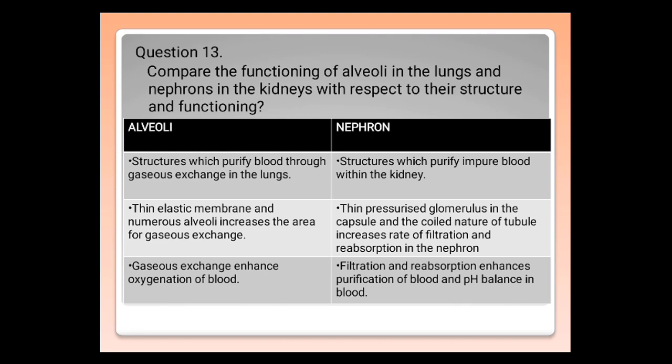Next point, the functioning of alveoli and nephron. Thin elastic membrane and numerous alveoli increases the area for gaseous exchange in alveoli, whereas thin pressurized glomerulus in the capsule and the coil nature of the tubule increases rate of filtration and reabsorption in the nephron.